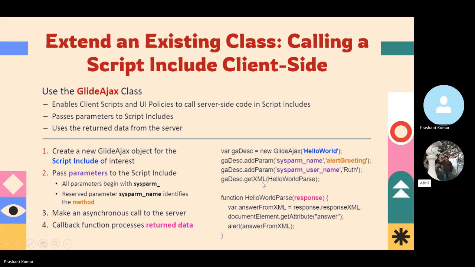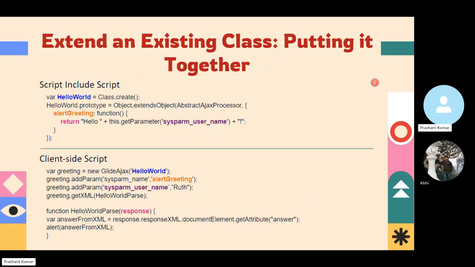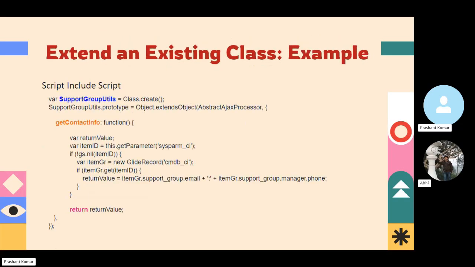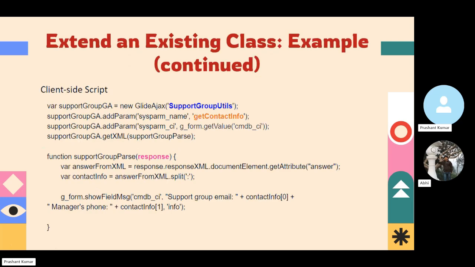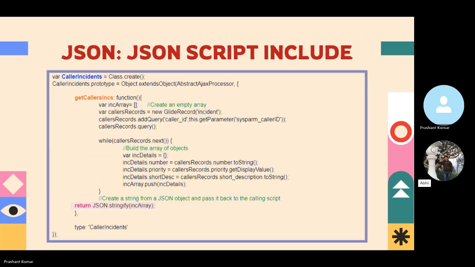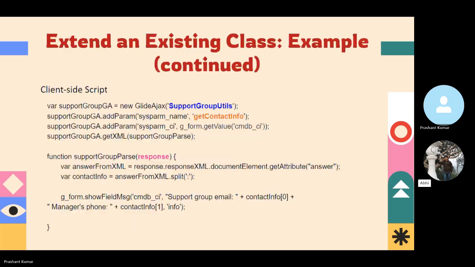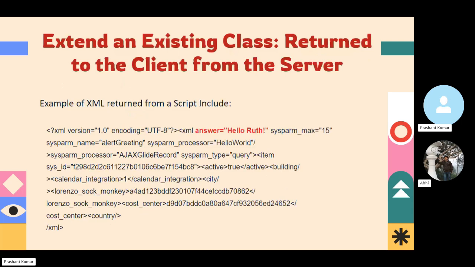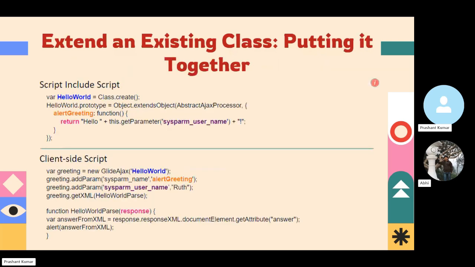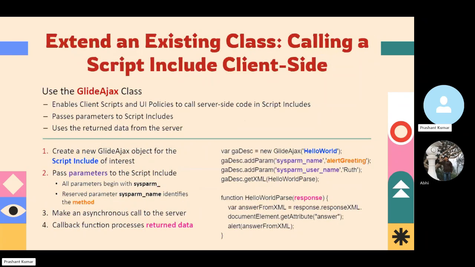But when getXMLWait comes, that means we have to run it synchronously, instantly. Mostly we utilize getXML most of the time, so as to get output very easily without impacting the performance in the system.